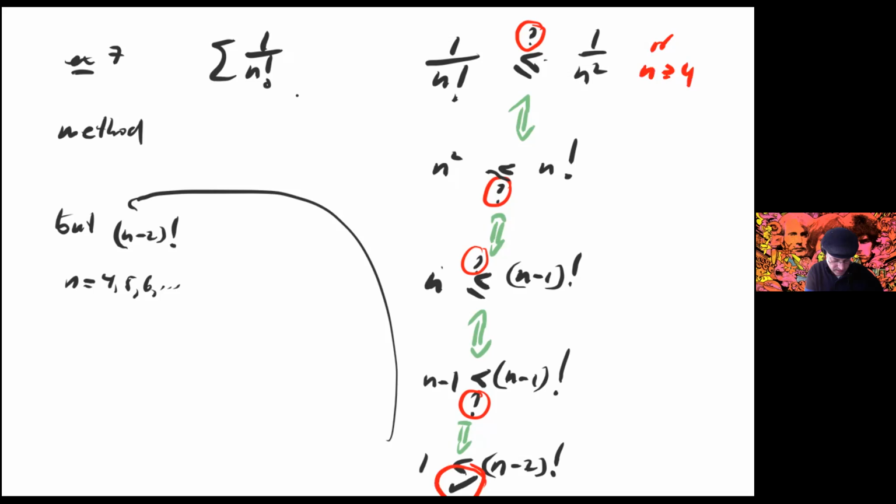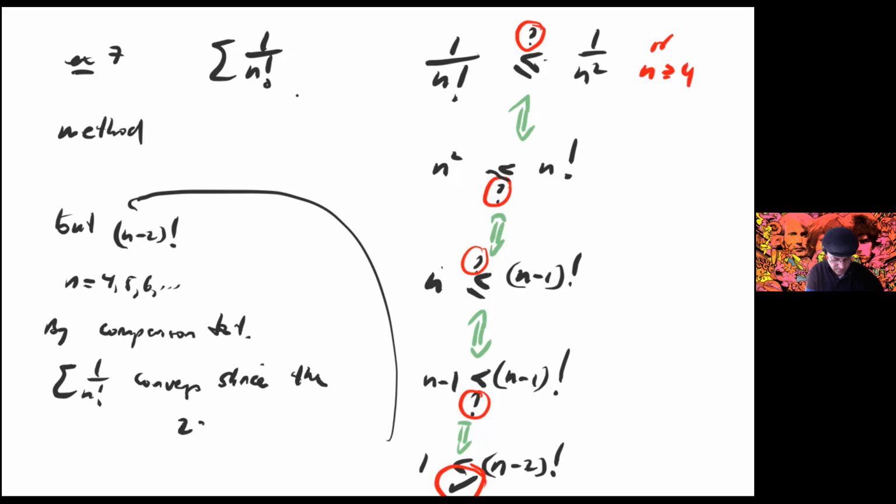By the comparison test, summation 1 over n factorial converges, since the p-series summation 1 over n squared converges. Okay, so that's one way to do the problem.